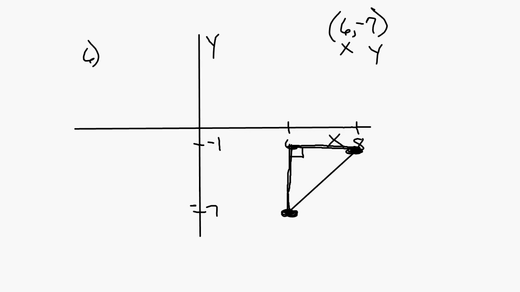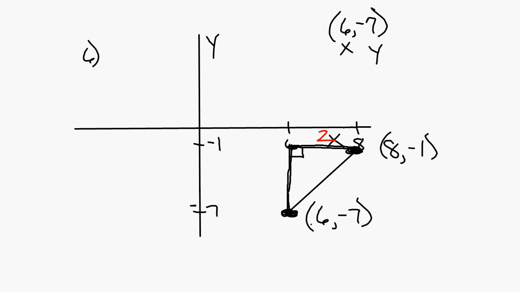So if this point is at 8, -1, and this point is at 6, -7, and x is your horizontal axis, when you compare your x's, you need the difference between 8 and 6. So this piece of the triangle is 2. Your vertical difference is the difference between -7 and -1, which is 6 units. Okay?